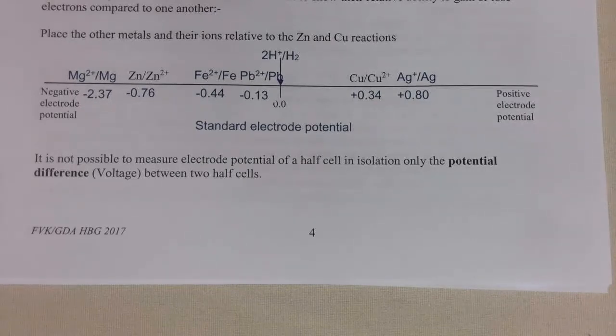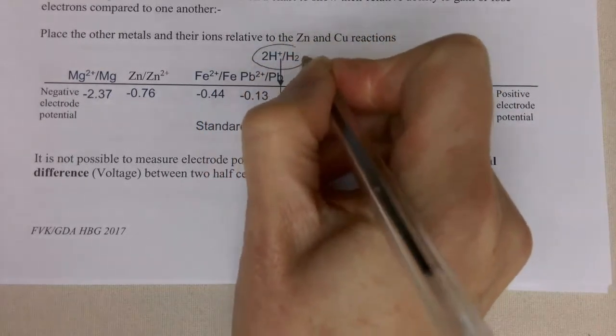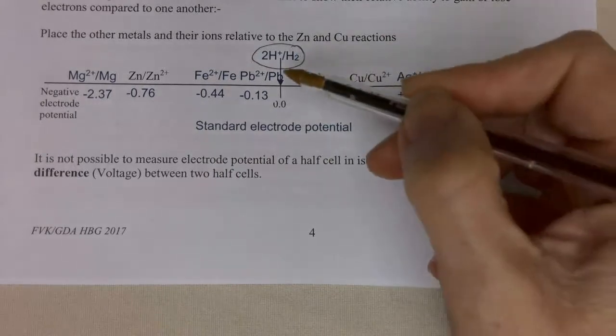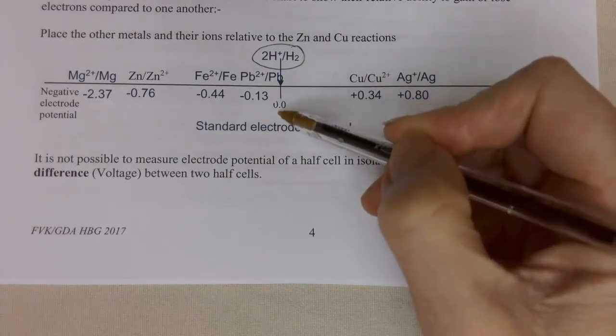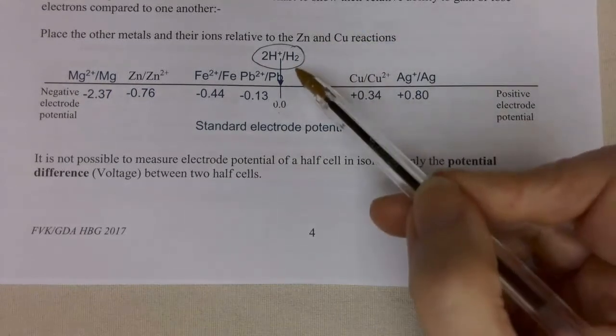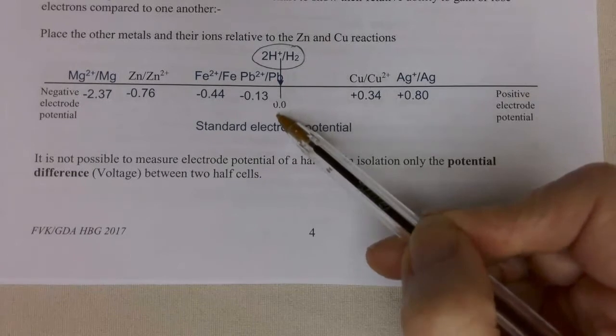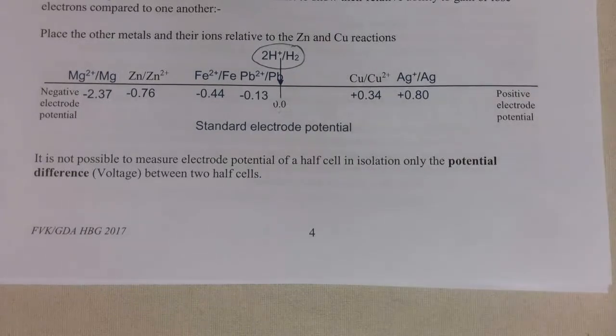Now, the standard electrode which we compare everything to is the hydrogen electrode, and we give that a value of 0, and then we compare everything to that. So we have my hydrogen electrode as my left-hand electrode, and we compare everything to it, whether it's better or worse than hydrogen at gaining electrons.